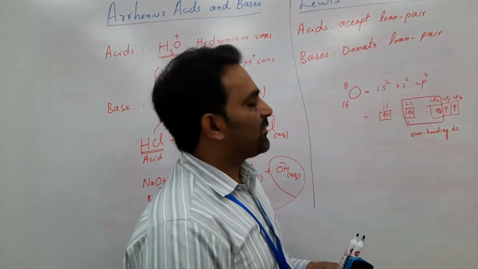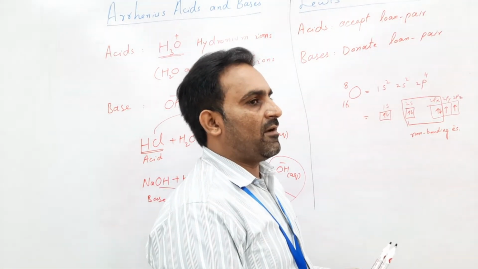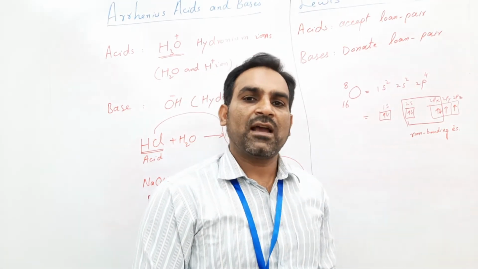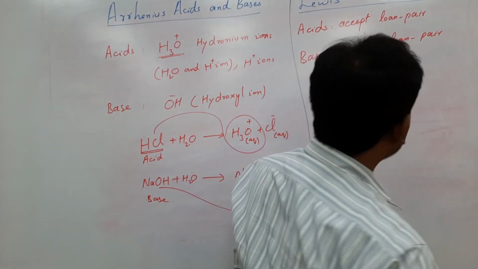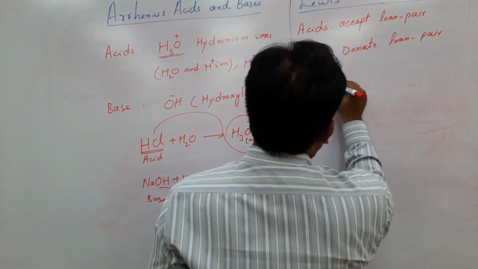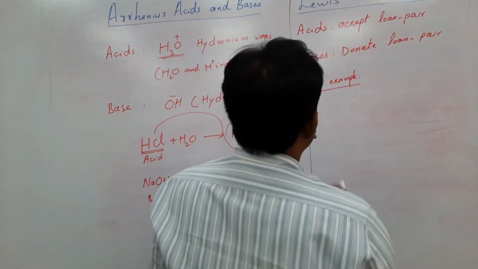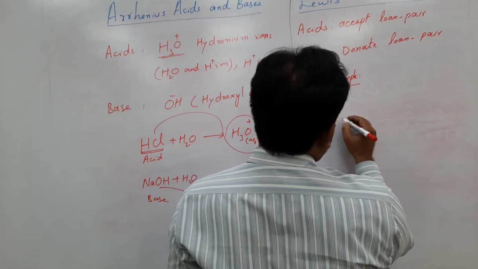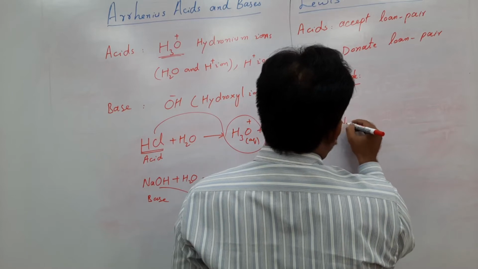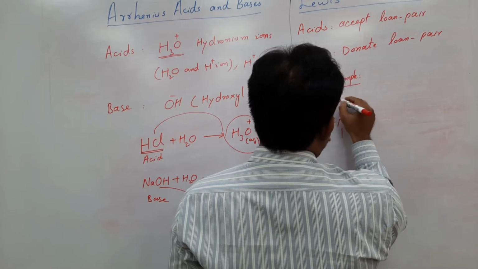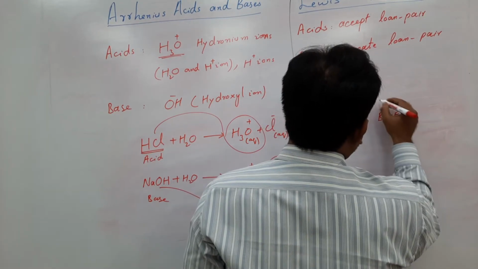According to this concept, acids are those compounds which have the ability to accept that lone pair, whereas bases are those compounds which have the ability to donate that lone pair. For example, we have NH3 plus BM.